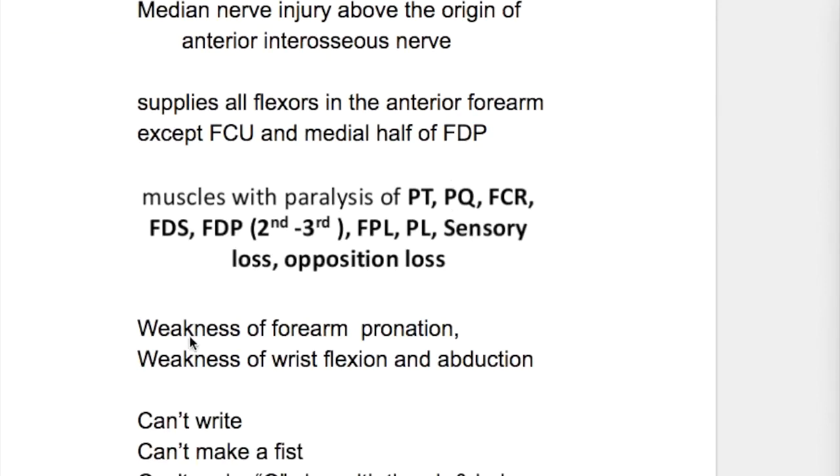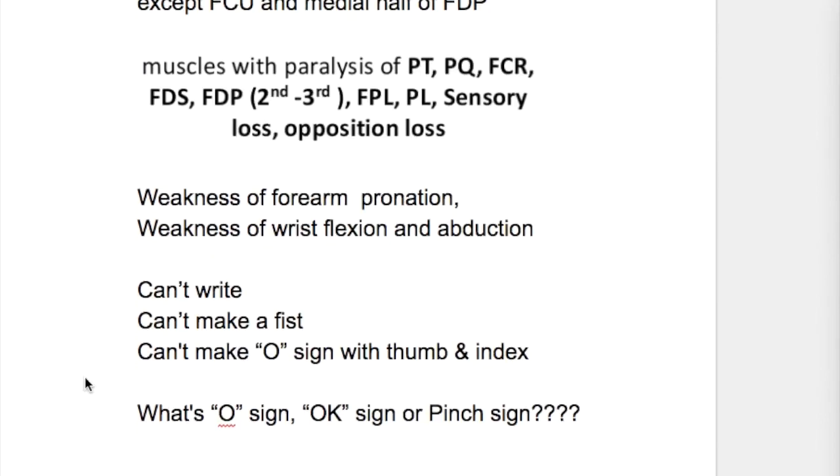We already discussed that. So the muscles which are paralyzed as a result of high median nerve palsy are pronator teres, pronator quadratus, flexor carpi radialis, flexor digitorum superficialis, flexor digitorum profundus, second and third, which supplies the index and middle finger, and flexor pollicis longus, and sensory loss as well.